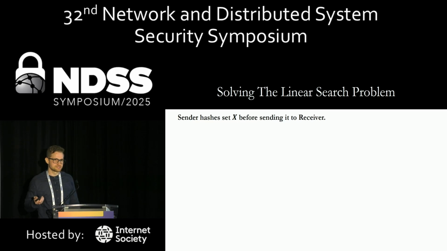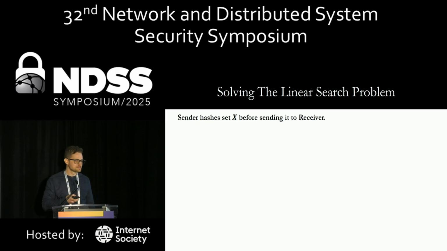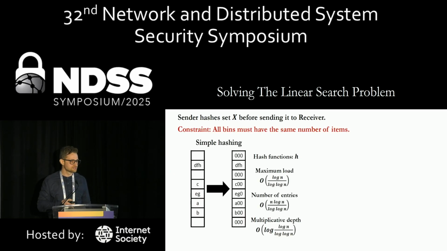To solve that, we just use hashing. It's very simple. Instead of having to compare against everything, we only need to compare where the value can be hashed to. We could use simple hashing, but because of the way the load of the items is distributed, we need to pad these values with dummy values for security. So we don't get that compact a data structure.